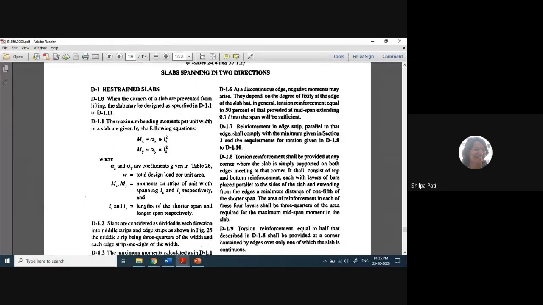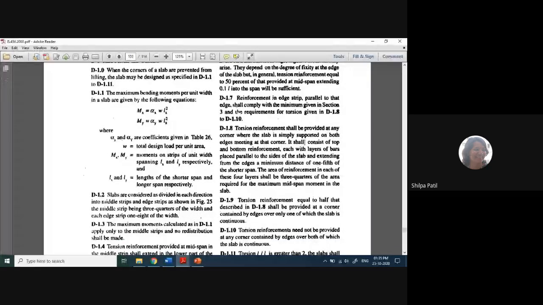Okay, now how it is provided, its description is given over here. Based on this description only, we are supposed to write down the formulae and calculate the area of torsion reinforcement. So listen to this very carefully. Torsion reinforcement shall be provided at any corner where the slab is simply supported on both edges meeting at that corner.